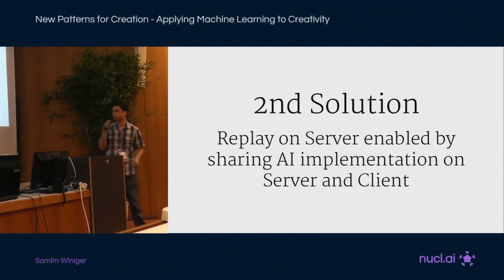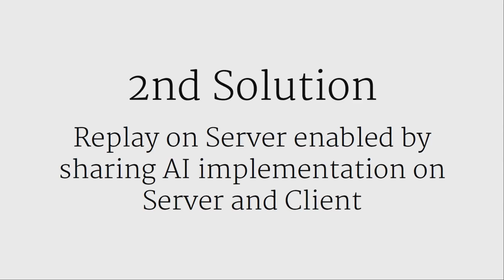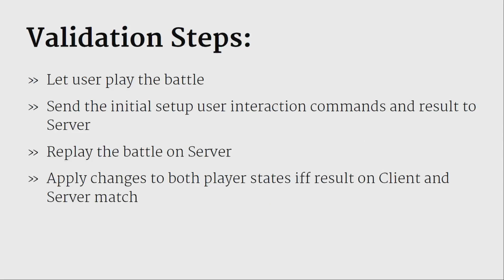What should we do? So there is this second solution which says, we can actually do validation by replaying on the server, and we will just share the AI implementation. So make the AI shareable, and then you just have a replay. What you do is you let the user play for a couple of minutes, right? So you don't care if they lose connection to the server because they play locally.